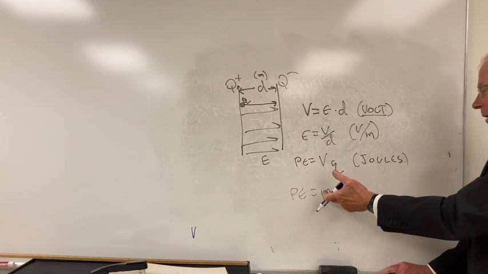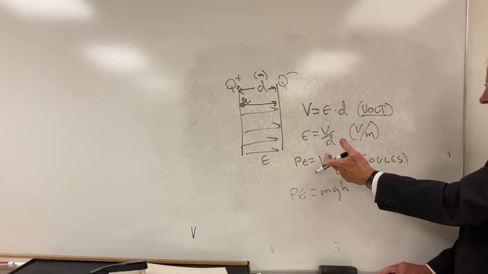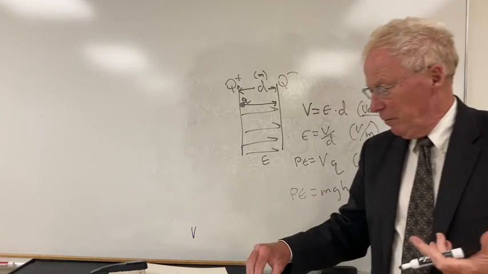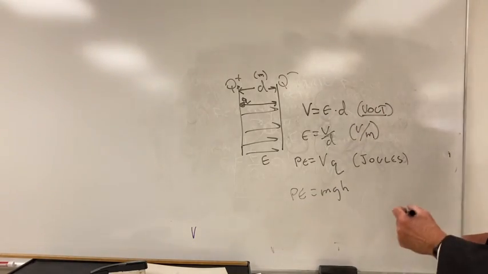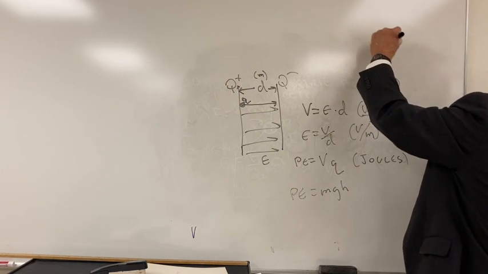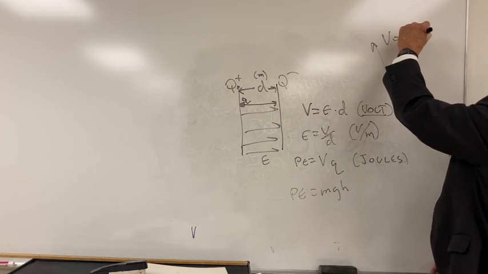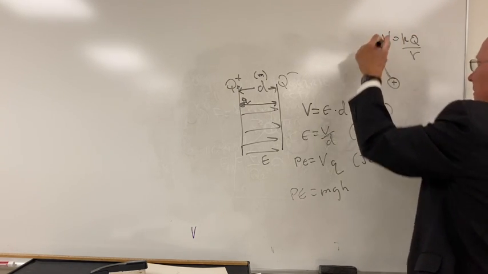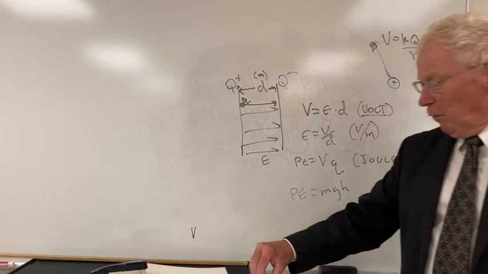But instead of m, we have q, and instead of gh, we have V. For a point charge, V is kq over r. So that's the potential in volts.